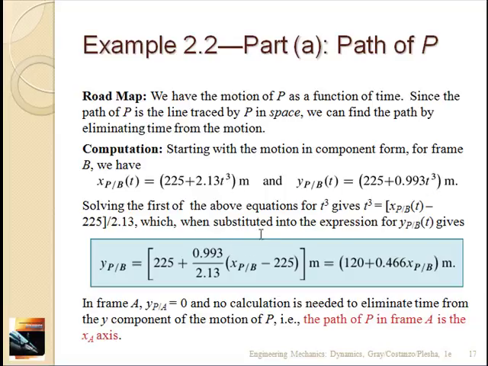So we solve the first for t. It gives us t cubed is xpb minus 225 over 2.13. We stick that in over here for t, and if we work out the math, ypb is 120 plus 0.466 xpb. So that's just a straight line in the B coordinate system, with a slope and an intercept.